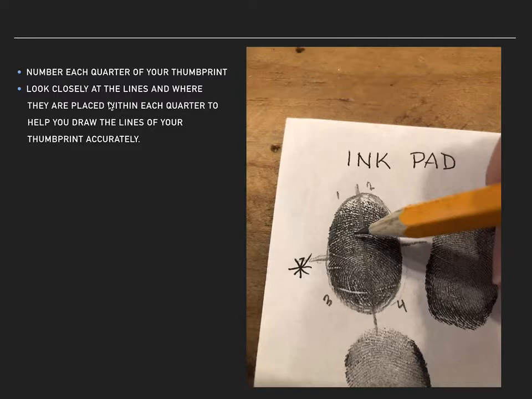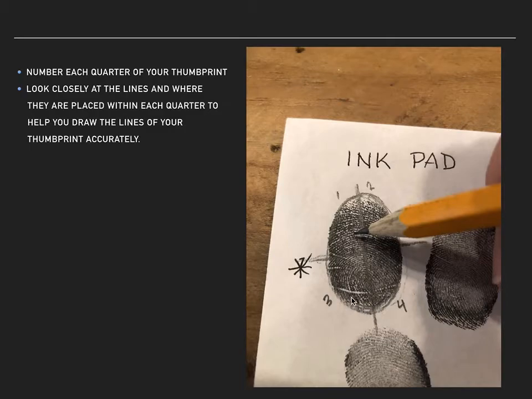So my suggestion would be to number each quarter. I put 1, 2, 3, 4, and I'm going to do that on my template too. Then I really want you to look closely at the lines and where they're placed within each quarter to help you draw the lines of your thumbprint. In my design, I started with this circular pattern here, in the center of my vertical axis.